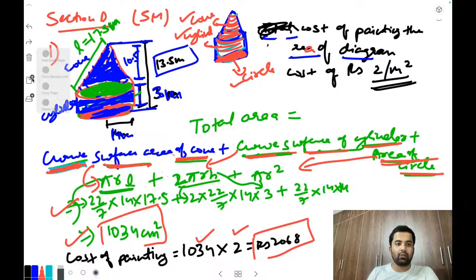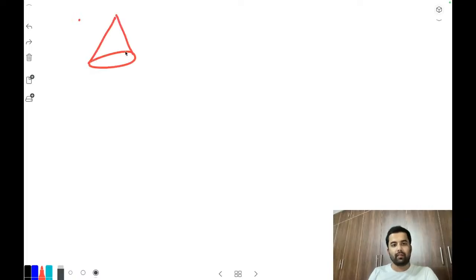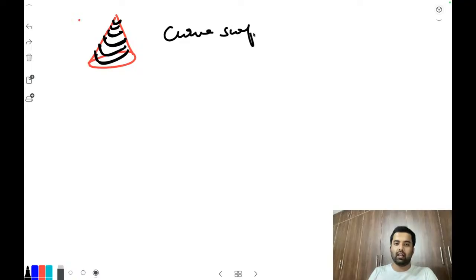Okay, before going to question number 2, let me mention this one. By the help of one diagram only, we will figure it out. Suppose we have a cone. Boys and girls, please try to understand this one. If you are figuring out the side part only, that's why I'm keeping this curve line, that stands for curved surface area, only the side part.